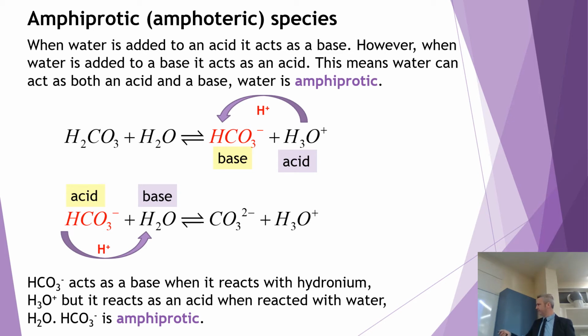Look at this HCO3 minus. See how it's acting as a base when I put it with H3O plus? But when I put HCO3 minus with H2O, it acts as an acid. So in some situations it can be an acid, and in other situations it can be a base.